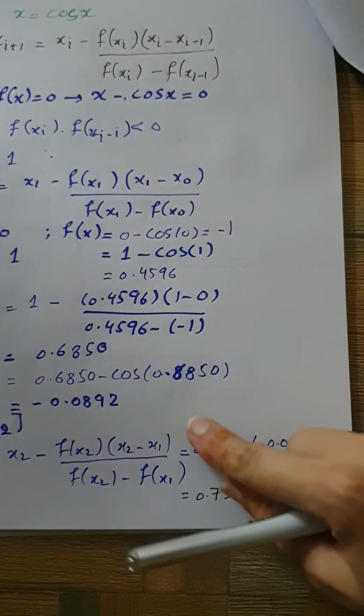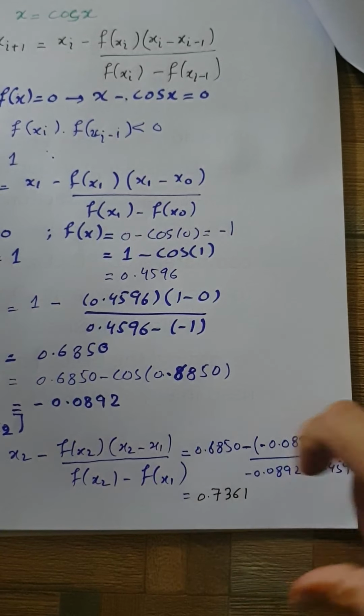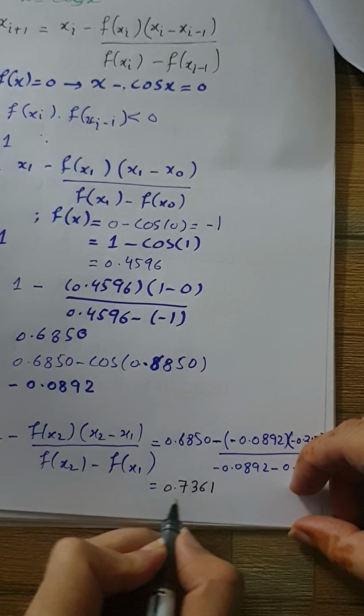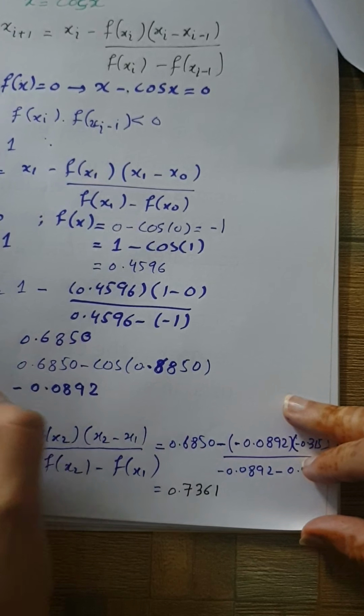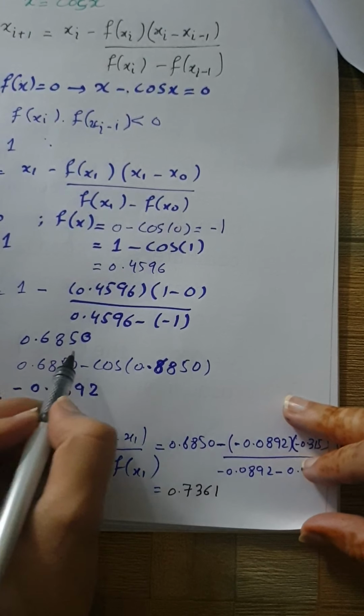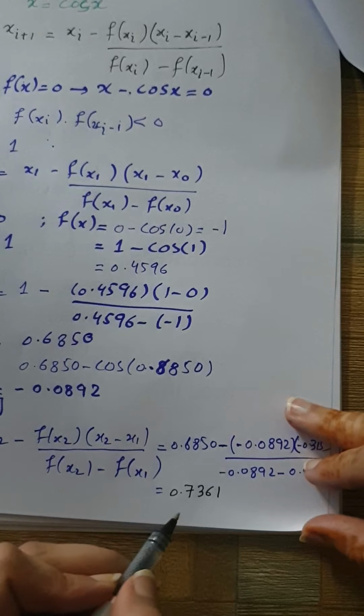After simplifying this expression, you get x3 is equal to 0.7361. So x2 was equal to 0.6850 and x3 is equal to 0.7361.